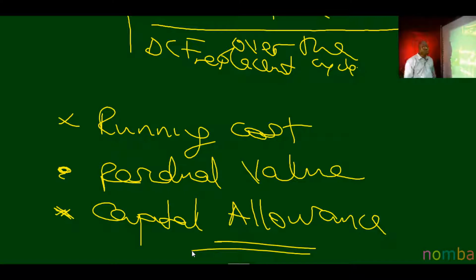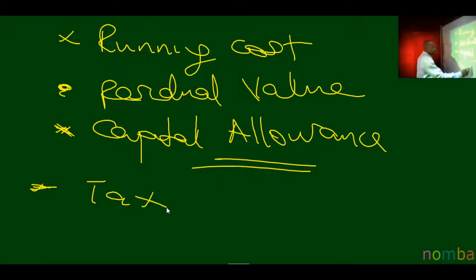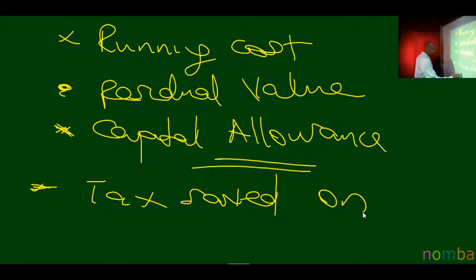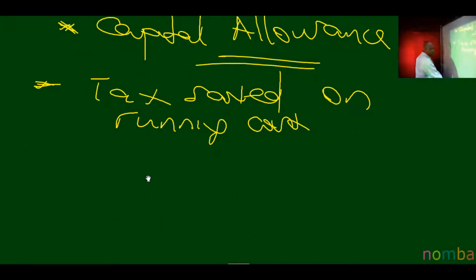And we also need to determine tax saved on residual value, tax saved on running cost, and tax saved on capital allowance.